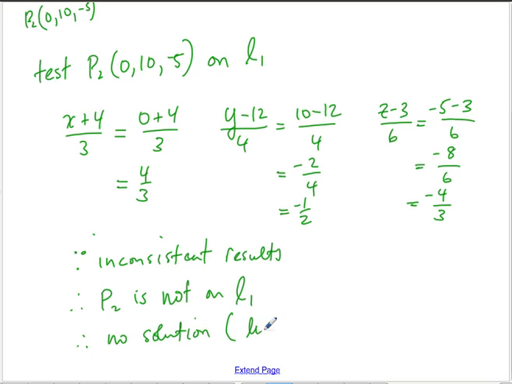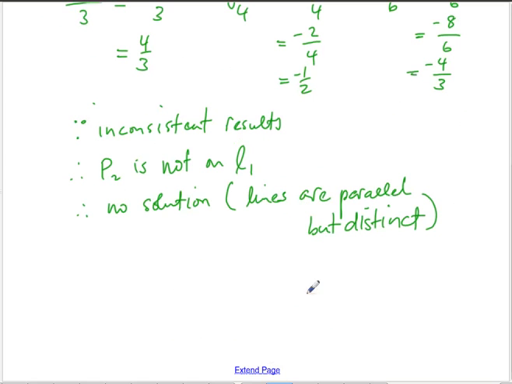And that means the lines are parallel but distinct, which means they're parallel but they're not actually touching. They don't lie on top of each other.